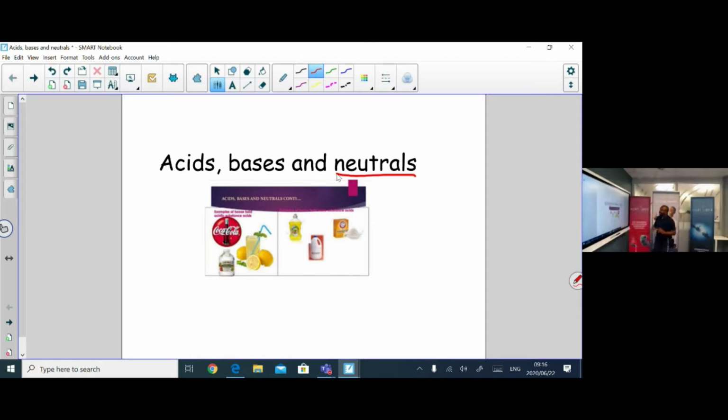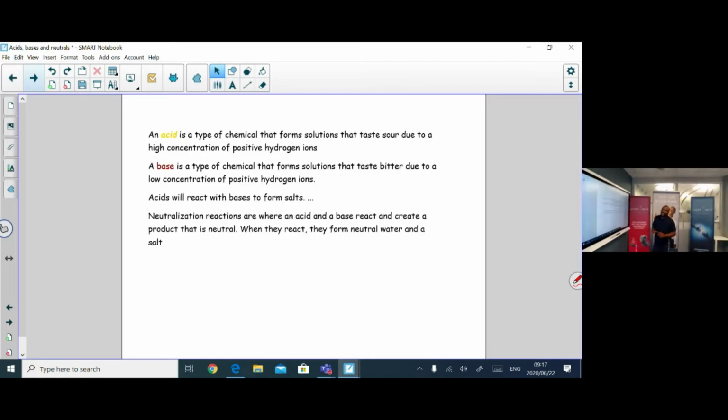Who remembers how you defined acids and bases in your previous lesson? An acid is a type of chemical that forms solutions that taste sour due to a high concentration of positive hydrogen ions.